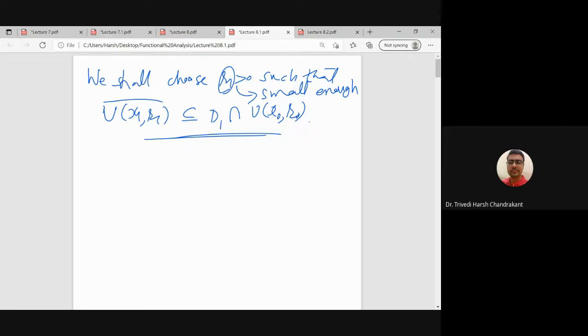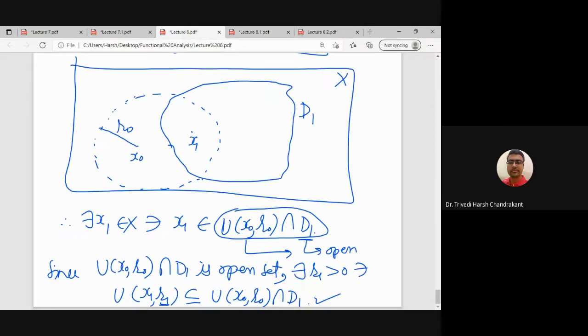Proceeding in this way, we have got a neighborhood around X1 of radius R1.